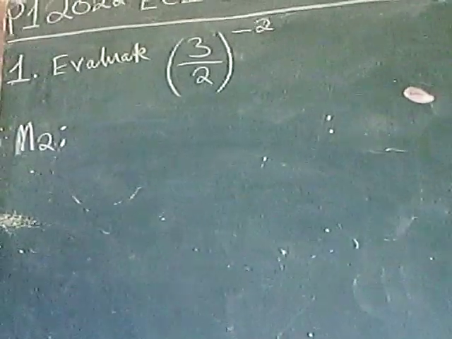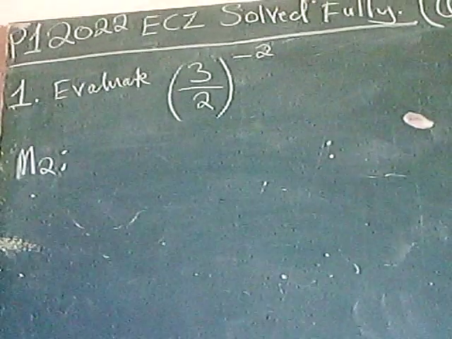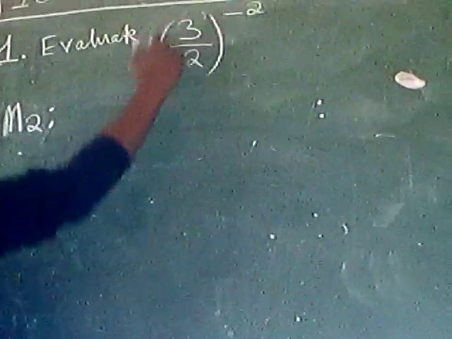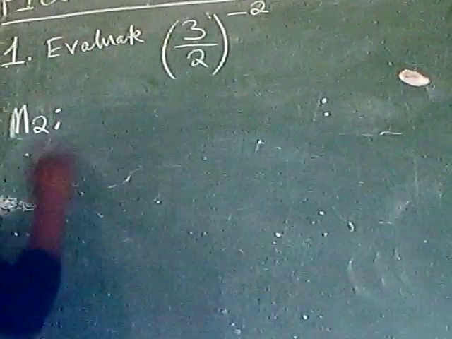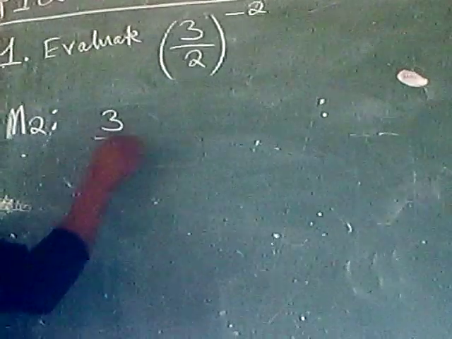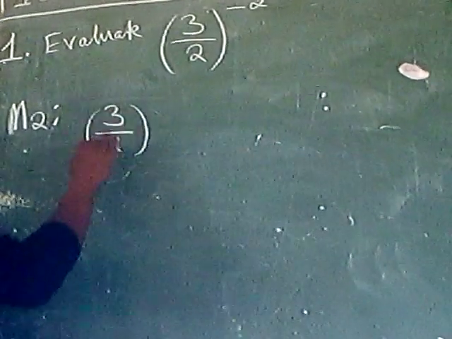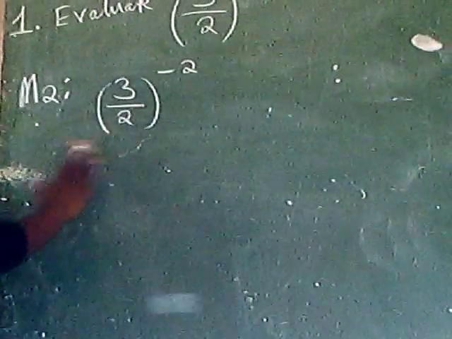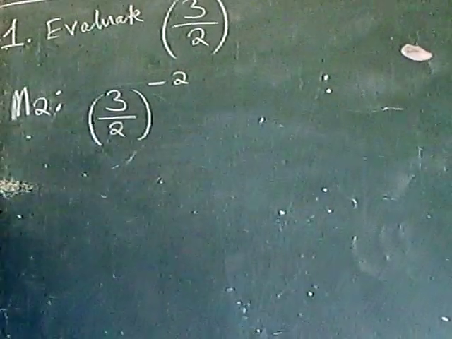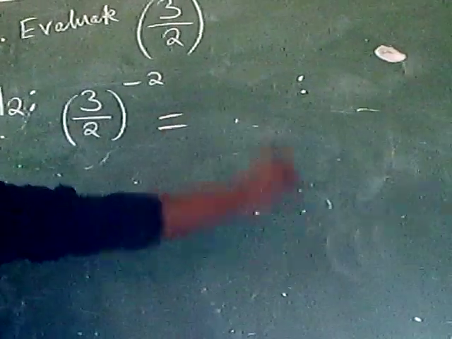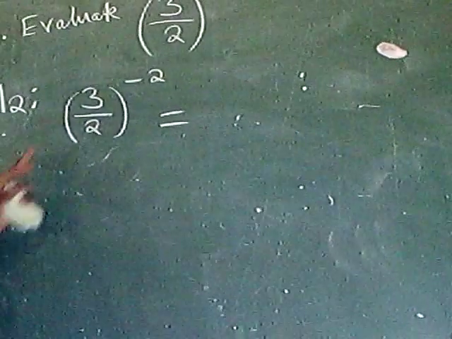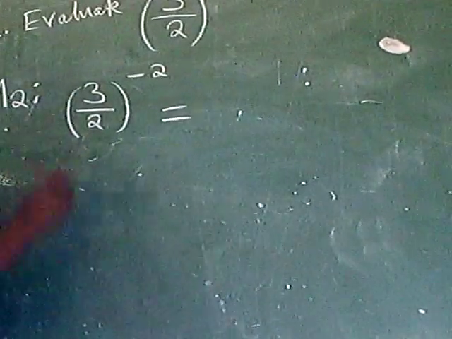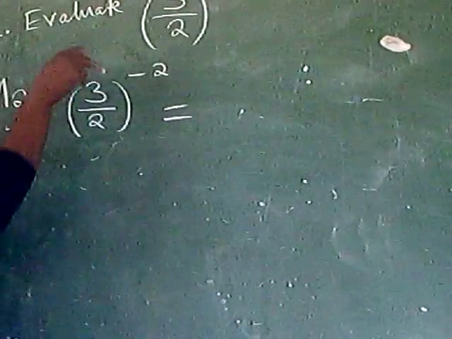Another way, perhaps better, we could actually use is this method here. You have been given to evaluate this particular fraction. This is 3 out of 2 raised to the power negative 2. The other method, the simplest one, is where you say this can be equal to, you see, we are dealing with a fraction inside the brackets here, and the type of the power that we have is a negative.